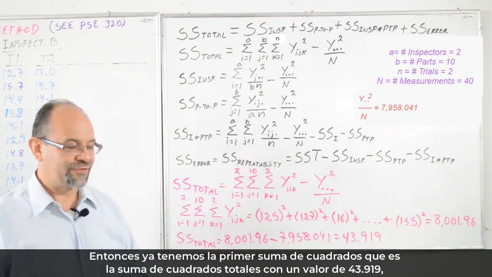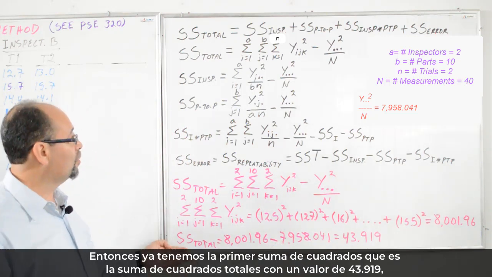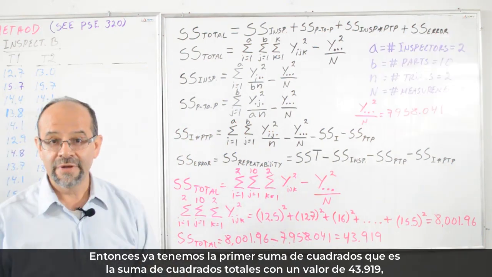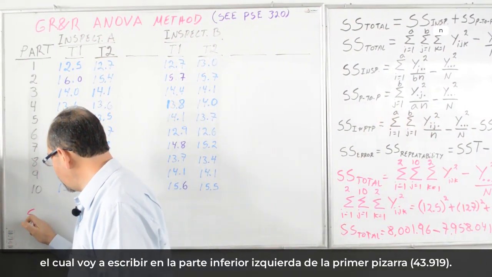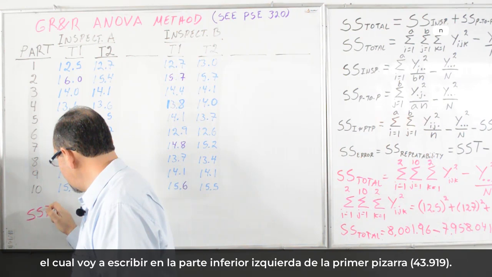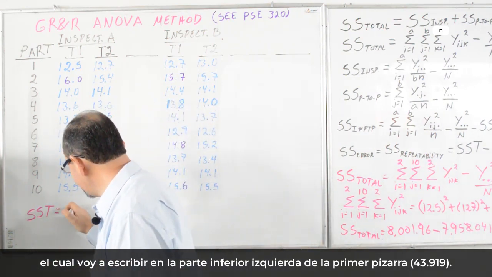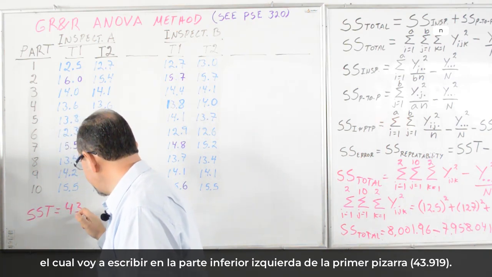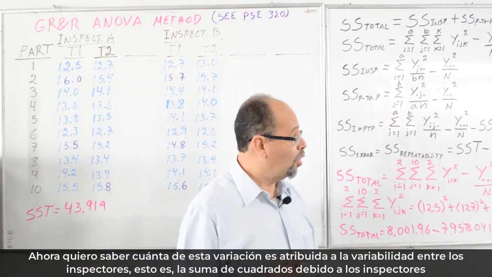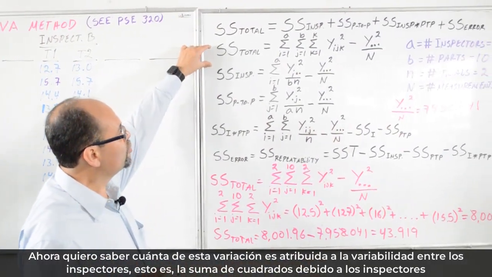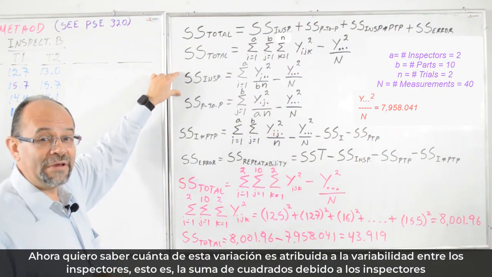Well, we are having 43.919 for the sum of squares total. I'm going to put that value here. So I will put the sum of squares total is equal to 43.919.